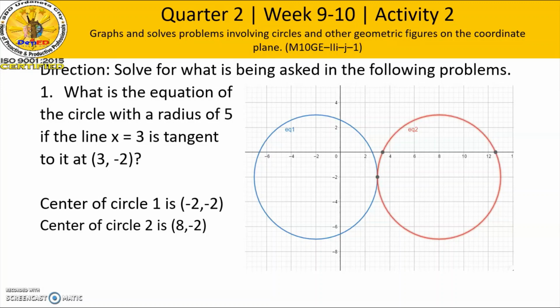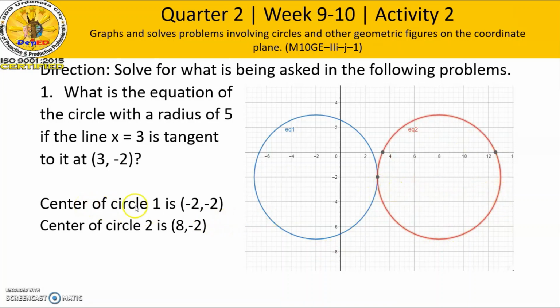So, based on the tangent line x equals 3, we will count 5 units to the left and 5 units to the right. So, we form two circles. We have the blue circle for our circle 1 and the red circle for our circle 2.